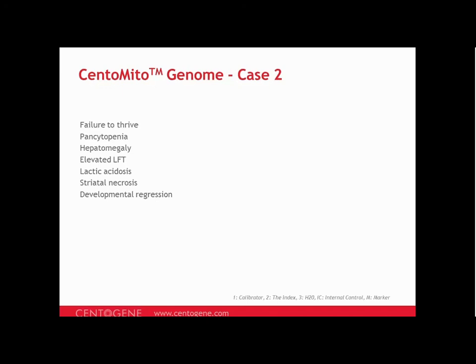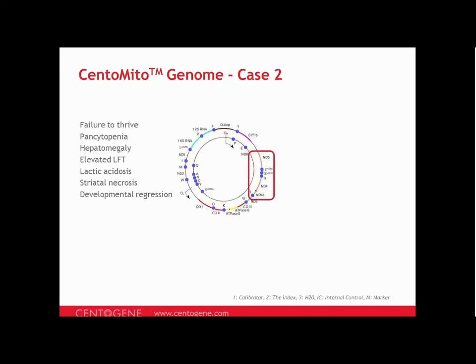It should be kept in mind for any mitochondrial disorders. It's quite specific. And when we performed the test, because it covers the SNVs and CNVs, we detected for this case a deletion encompassing mitochondrial genes like ND4L, ND4, and ND5 genes.